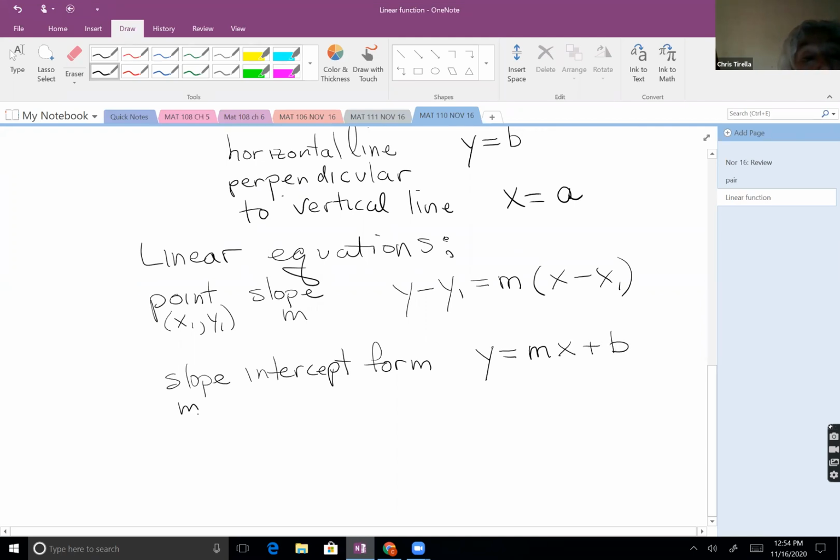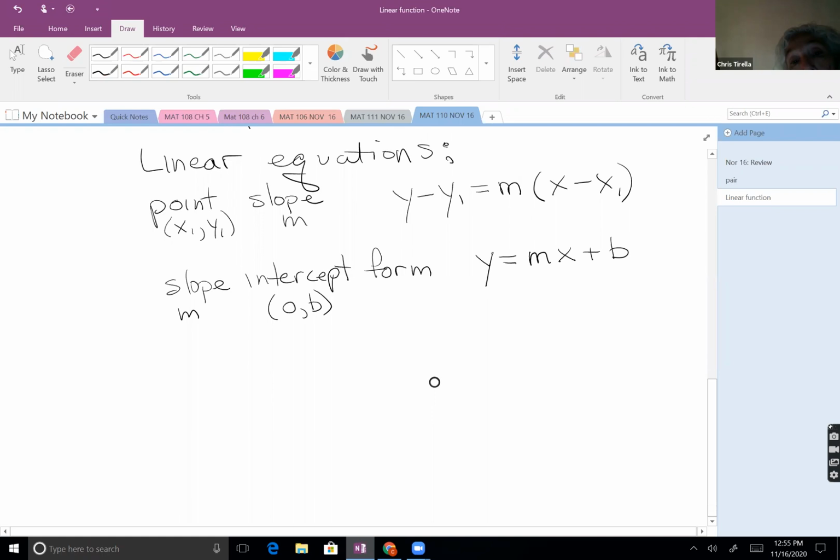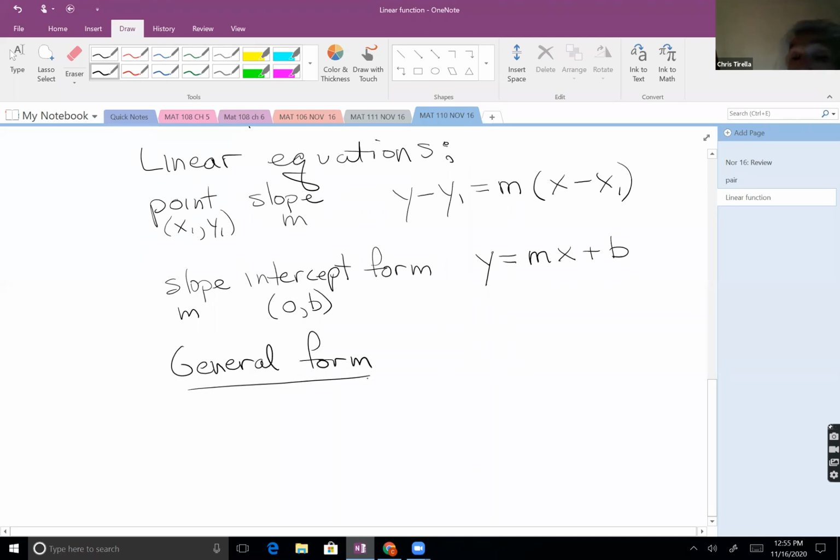And so the slope is m, and the intercept is the y-intercept, so it would be a point of the form 0, b. And then we also had that general form. And that general form was something of the form ax plus by plus c equals 0. And what made that one distinct is that the one side was 0.